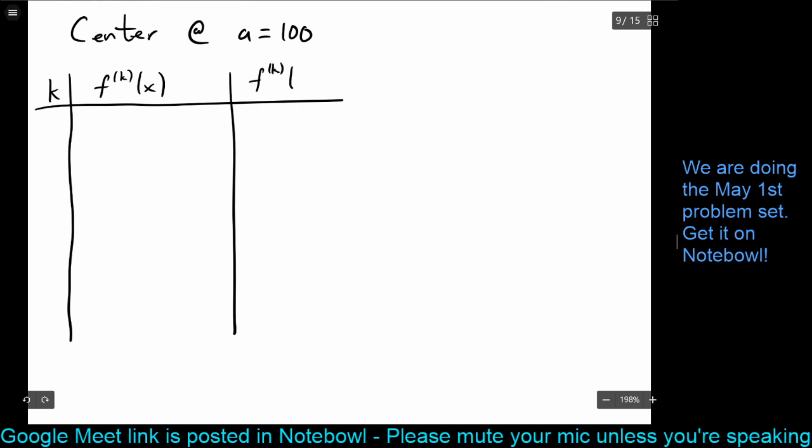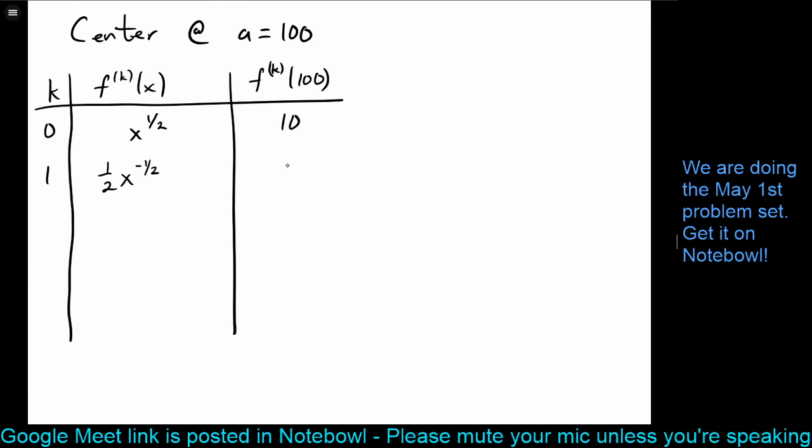So we want f^(k) of 100 here. If k is 0, then the function is x to the 1/2, or square root of x. And f of that is 10, or plug in x equals 100, we get 10. When k is 1, we have 1/2 x to the minus 1/2.